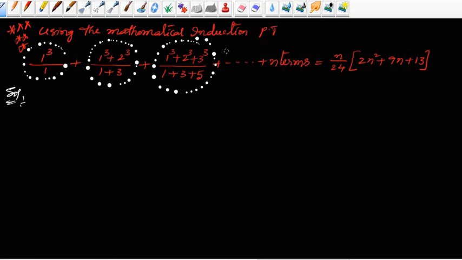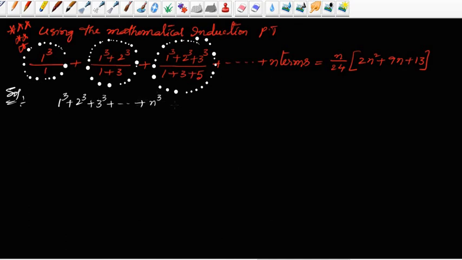First we have to observe what the numerator value is. In the first term, 1 cube is there. In the second term, 1 cube plus 2 cube. In the third term, 1 cube plus 2 cube plus 3 cube. That means in the nth term, the numerator will be 1 cube plus 2 cube plus 3 cube, and so on, plus n cube.